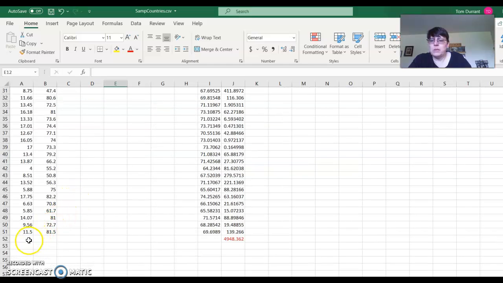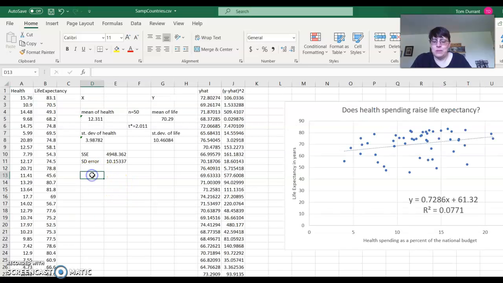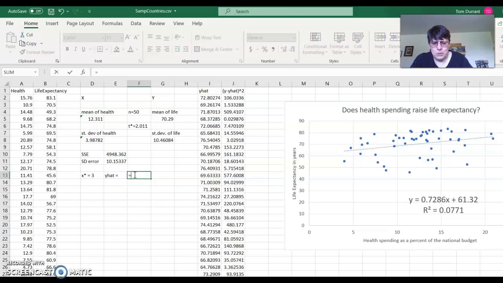I think the first question was, what happens at 3? Look at this. This is the y-hat for 3. So if x star equals 3, then y-hat equals, okay, what was it?